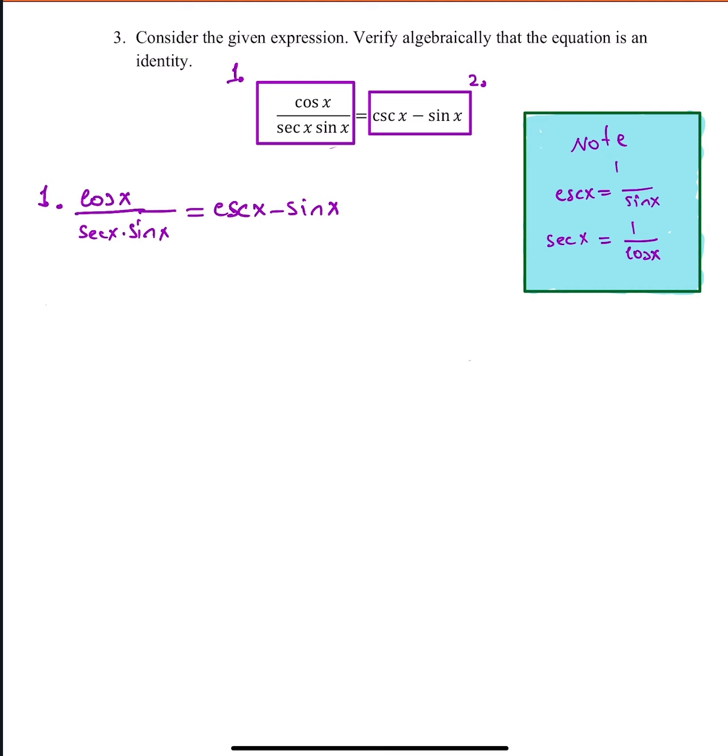So basically I'm going to take the first part, cosine x over secant x times sine x. Okay, so I will use the expressions.